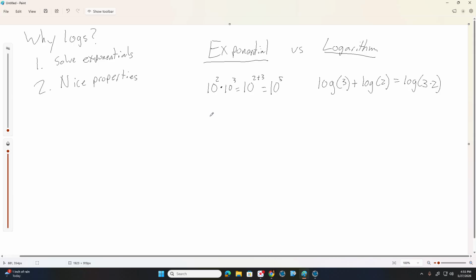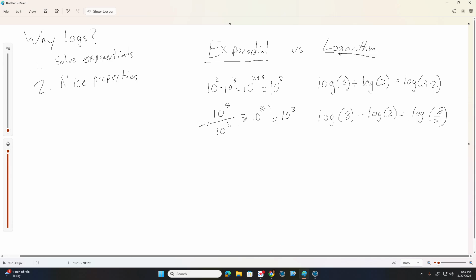Similarly, we have 10 to the 8 divided by 10 to the 5 will be 10 to the 8 minus 5. It's 10 to the 3. We can rewrite this case as the logarithm of 8 minus the logarithm of, let's go 2, is going to be the logarithm of 8 divided by 2.